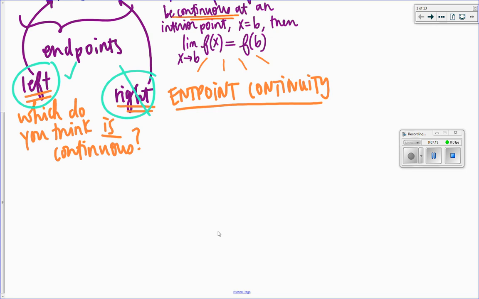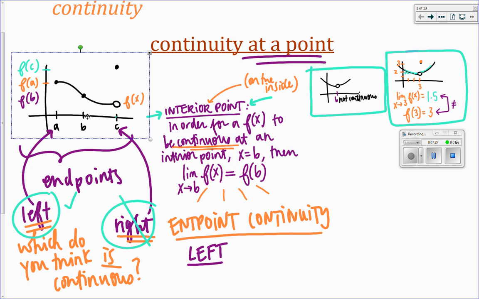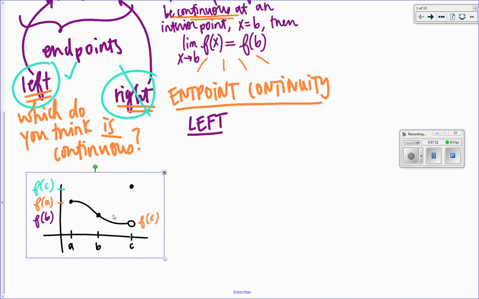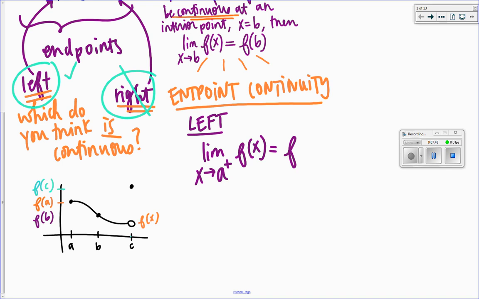In order for a left endpoint to be continuous, I'm going to drag this picture down just so we have it. In order for an endpoint on the left to be continuous, the limit as x approaches that value A from the positive side of this function must be equal to f of A. If we look at our drawing, as I approach A from the positive side, it is the same as A itself.